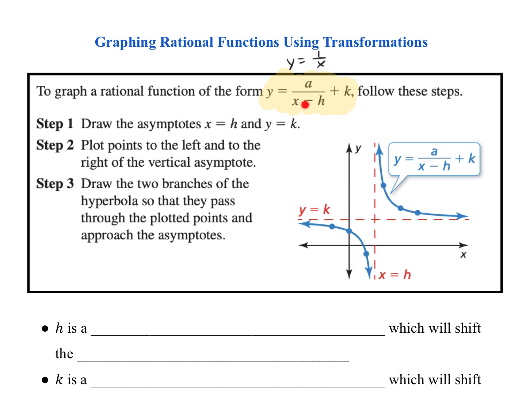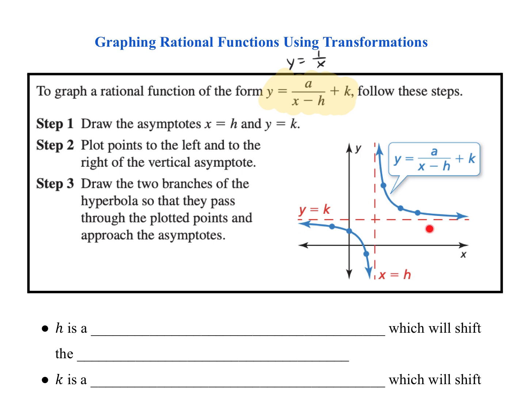So if it says x minus 2, it's shifting our graph to the right 2, so it's at x equals 2. And then the vertical shift will move the horizontal asymptote, so it will shift your graph up or down by k units. So h and k are going to help us dictate our asymptotes.